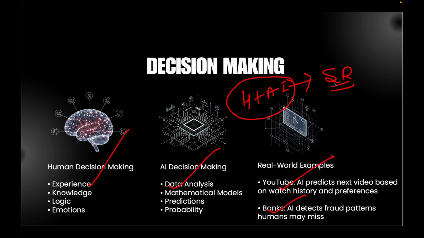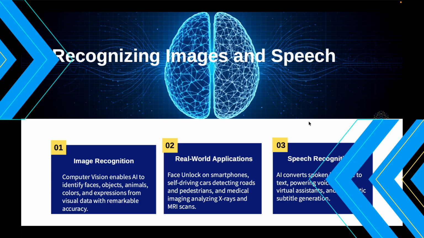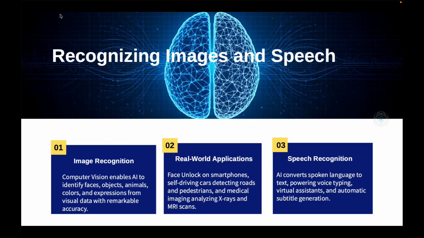Now we are going to discuss the next human capability, that is recognizing images and speech. One of the most powerful abilities of AI is recognizing images and understanding speech. First, let's talk about image recognition. Using computer vision, AI can identify faces, objects, animals, colors, and even human expressions from images and videos.